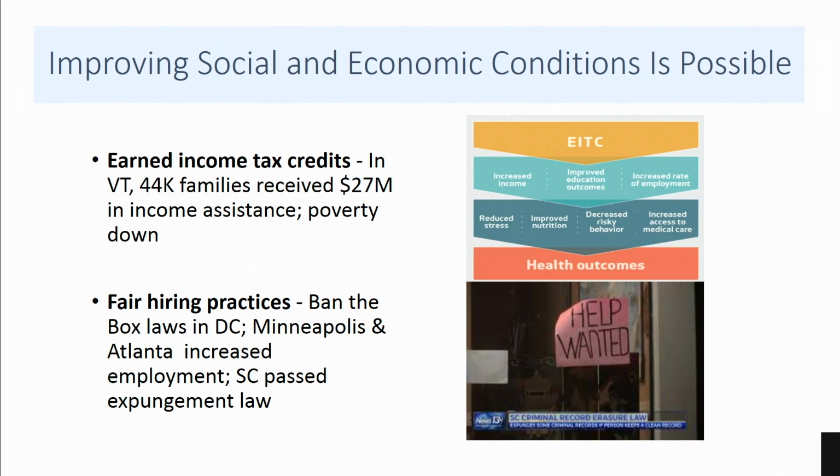And these are just two examples of those that are mentioned within those materials that have an evidence base. If you pass these policies, there's a direct correlation with improvements in health.